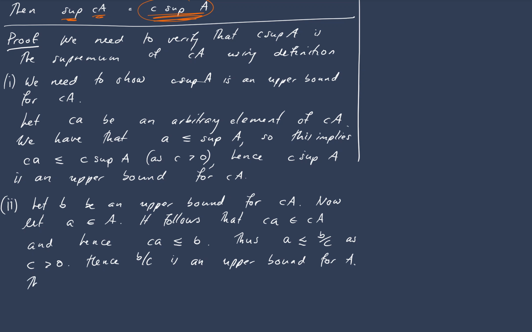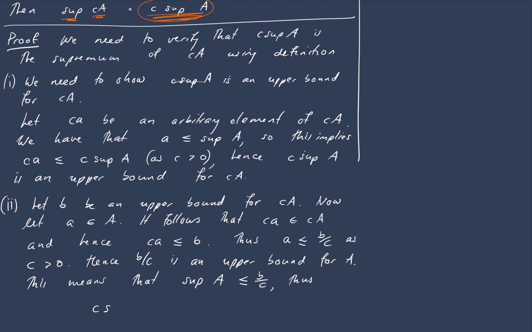Now this means that the least upper bound, sup A, has got to be less than or equal to this upper bound B over c. And now we can translate back to our original space by multiplying this expression through by c.